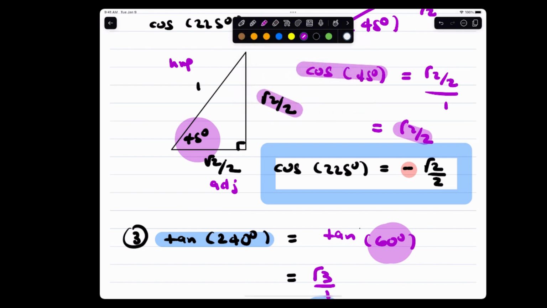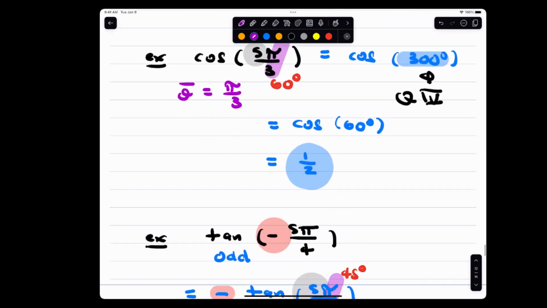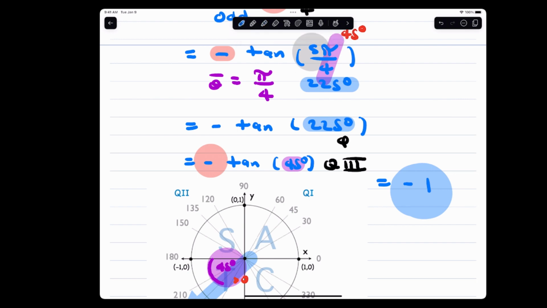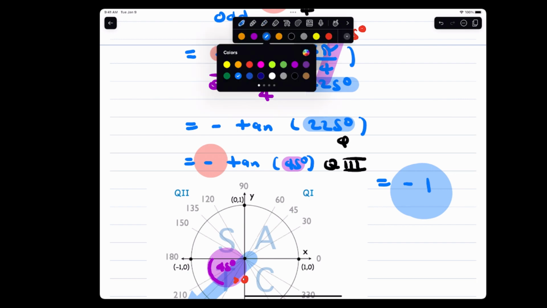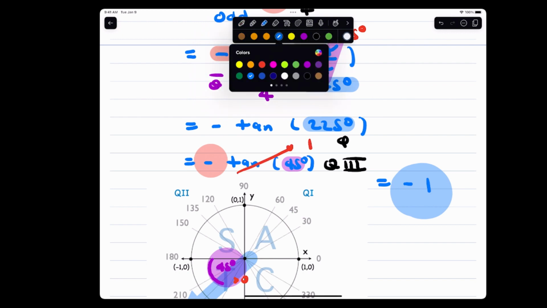Opposite over adjacent. So the square root of 2 over square root of 2, right? And that's going to be 1, by the way. So here's my final answer. Yes, we had that negative, but it's negative times that 1 here. So the tangent is 1, but don't forget you already had that negative sign out there. So it's negative 1.